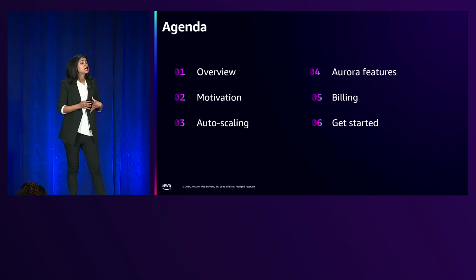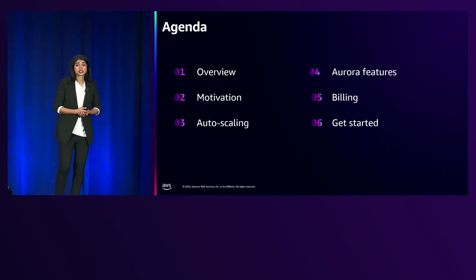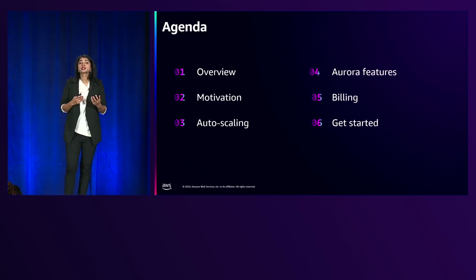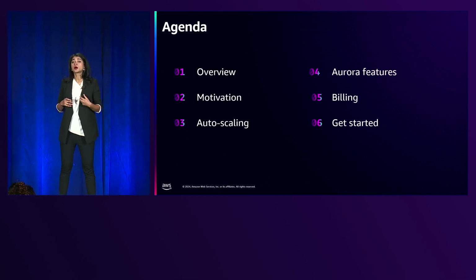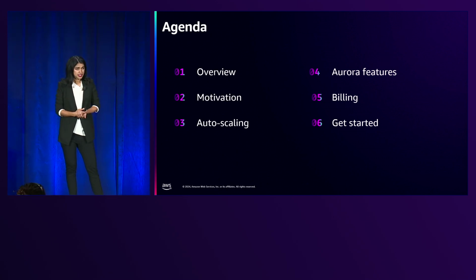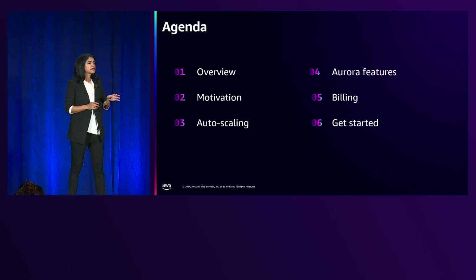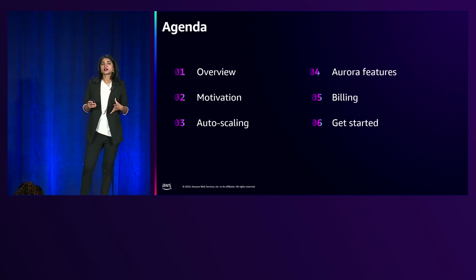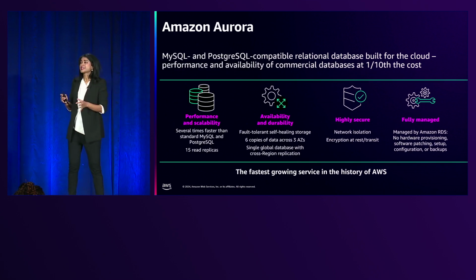You also require other critical Aurora functionality, such as multi-AZ. So we'll talk about some of those functionality and how those are enhanced by serverless. Next, we'll touch a little bit on billing side, and we'll close it off with how you can get started today.